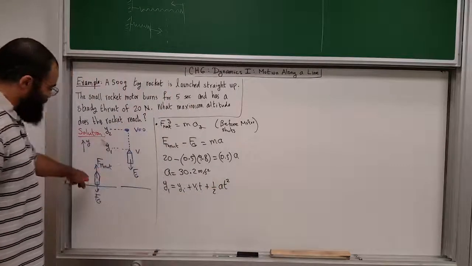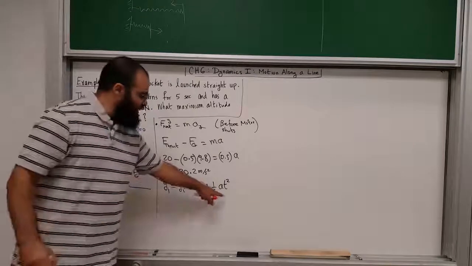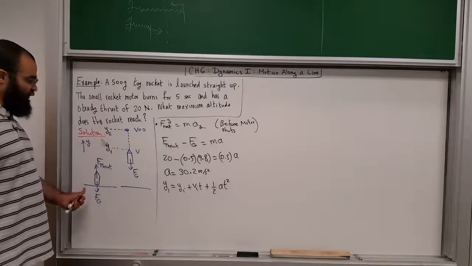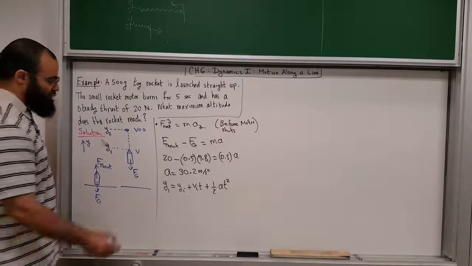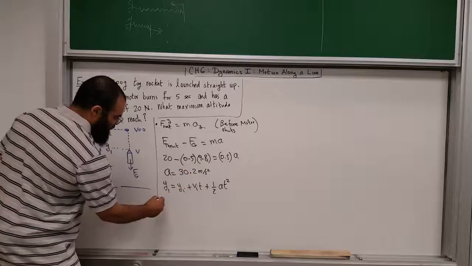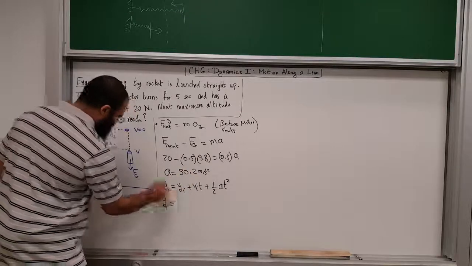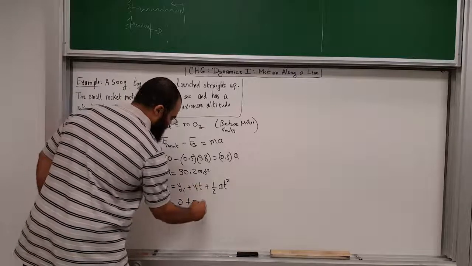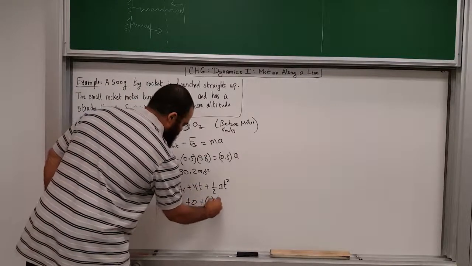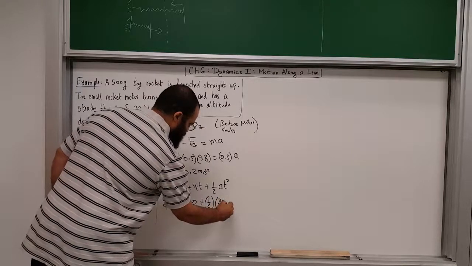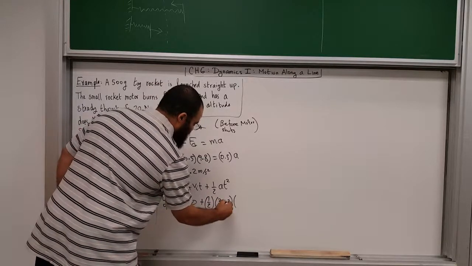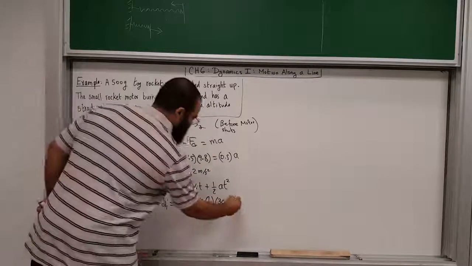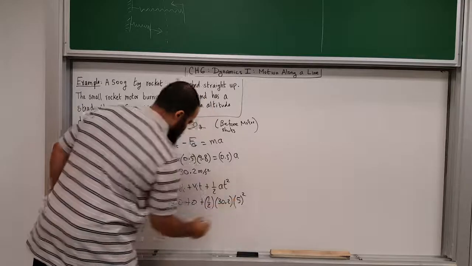This is not a free fall. While there is an engine, it's not negative 1/2 g t squared, because the acceleration is not gravity while it's thrusting forward. Clearly it is 30.2. So Y1 will be, well, it starts from 0 height, so that's 0. It starts at rest, so V initial is 0. And then plus 1/2 of 30.2 times the time squared, and it thrusts for 5 seconds, so 5 squared.